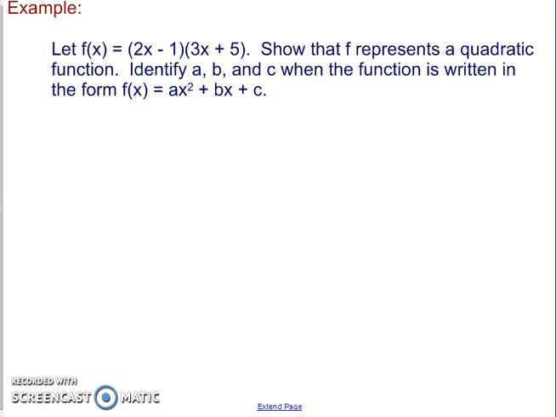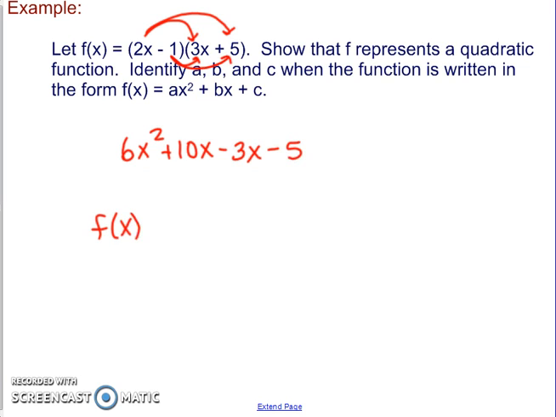First thing I'm going to do is my first term. 2x times 3x gives me 6x squared. 2x times 5 is going to give me 10x. -1 times 3x is going to give me -3x. And then -1 times 5 is going to give me -5. So for my function, f of x, I'm just going to combine like terms.